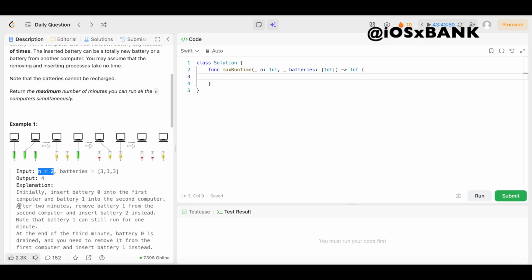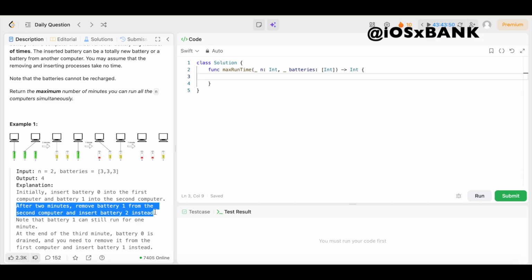Then it says after 2 minutes, we remove battery 1 from the second computer and insert battery 2. So we're going to remove this middle battery from the second computer and insert this full battery into the second computer.